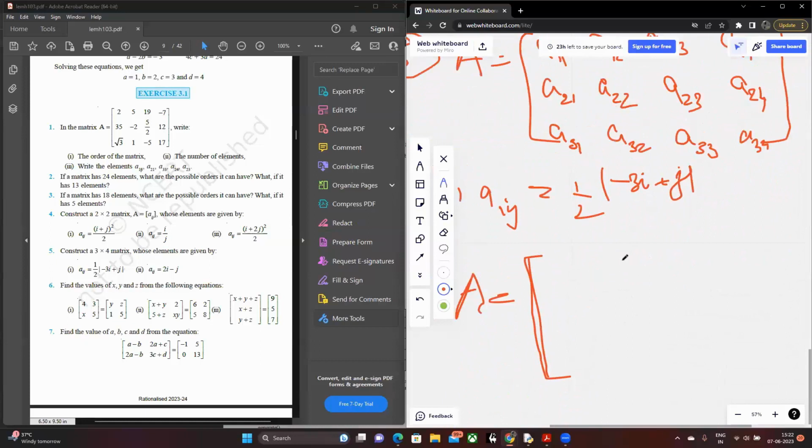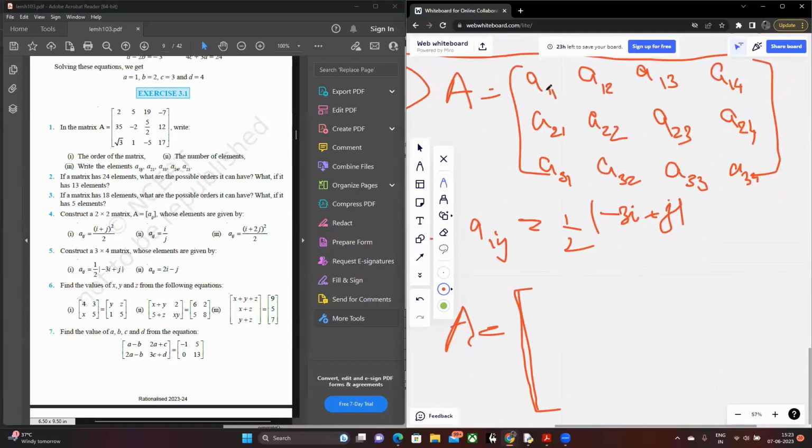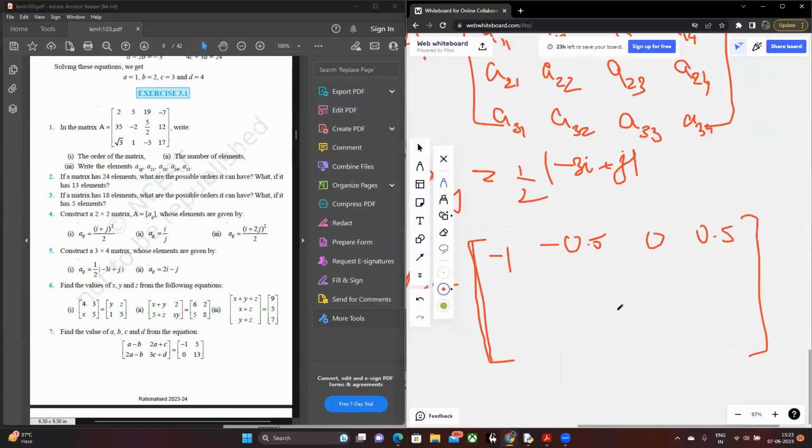Right? Basically, this is going to be half of minus 3 plus 1. This is going to be minus 1. This is half of minus 3 plus 2. That is going to be minus half, right? This is going to be minus 3 plus 3, that is 0. And this is going to be minus 3 plus 4, that is going to be half, right? Because it's minus 3 plus 4 divided by 2, right?